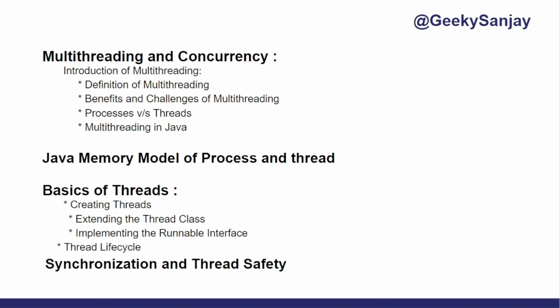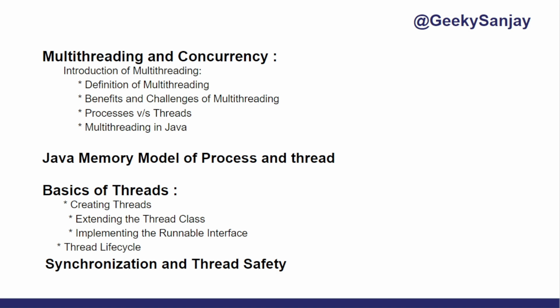The next topic is multithreading and concurrency, which we will cover in the Java pathway: introduction and definition of multithreading, benefits and challenges of multithreading, process versus threads, what is a process and what is a thread, and multithreading in Java.